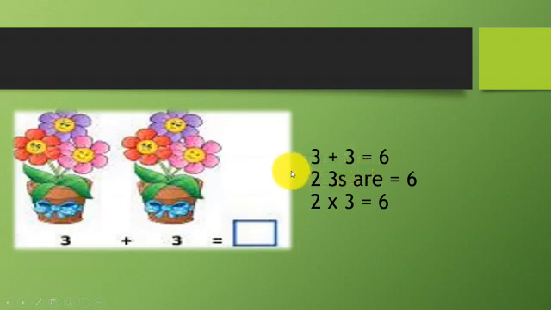And if we multiply these, 2 multiply 3, the answer is 6. 2, 3 are 6. Answer is same. If we add 2 digits, answer is 6, and when we multiply this, answer is 6. We can write this 2 multiply 3 is equal to 6.